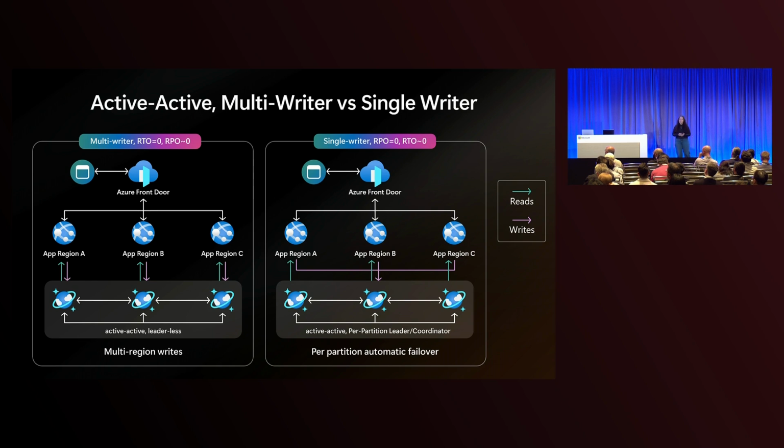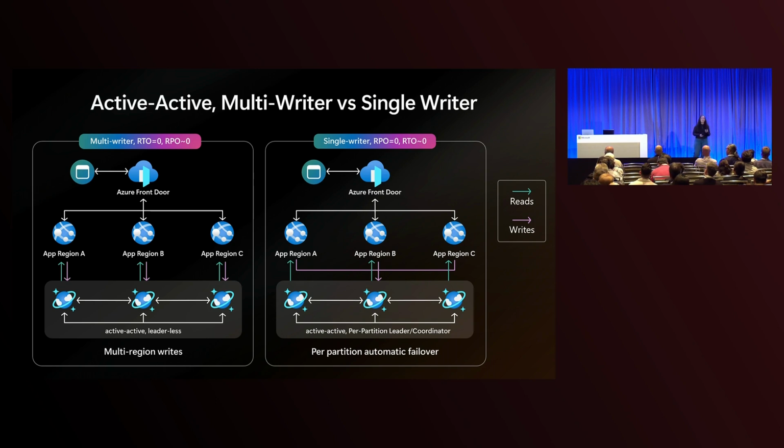Now, for my use case, I think for my orders, I don't want to deal with conflict resolution. I think I want to use strong consistency, which means I should use a single writer. I can use strong consistency, single writer, and a new feature called per-partition automatic failover. With per-partition automatic failover, in Cosmos DB, I still have my regions in my account.